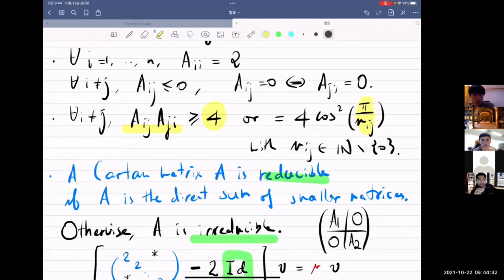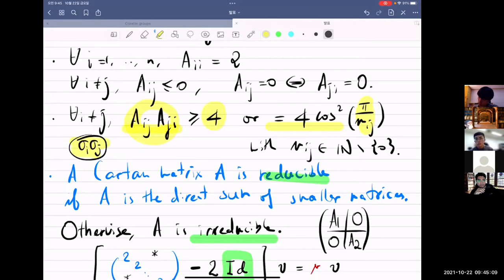But I didn't tell you, this somewhat relates to the composition of these two reflections. Okay, so these two reflections will be the rotations by 2 pi over mij when these values Aij times Aji are equal to 4 times cosine squared pi over mij.